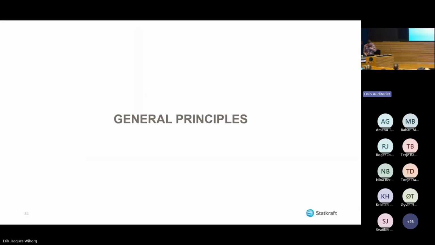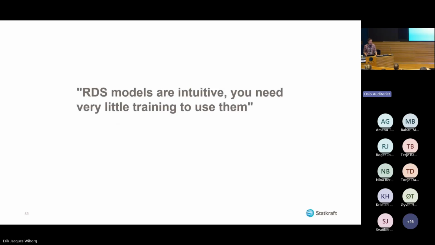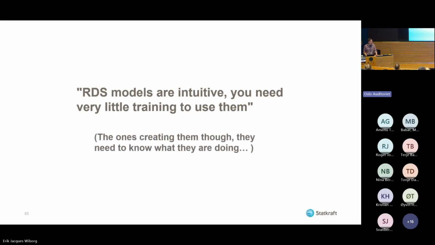But some general principles. I will have said most of this already, but I'm going to remind you again that we want to make our models intuitive. That is our goal. That's why we're here. That's why we need to harmonize how we use them, and why it does take a bit of work to actually make them, right?